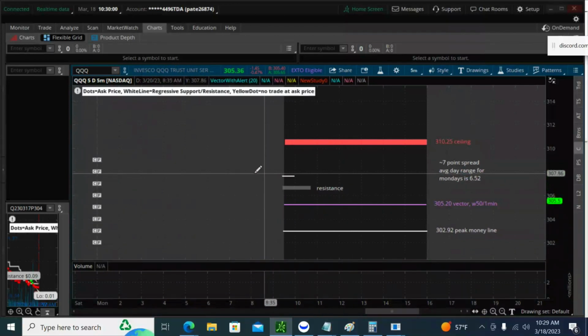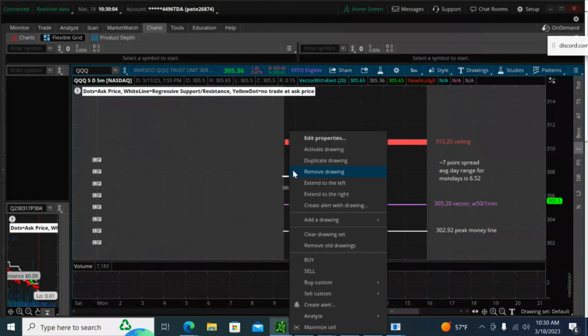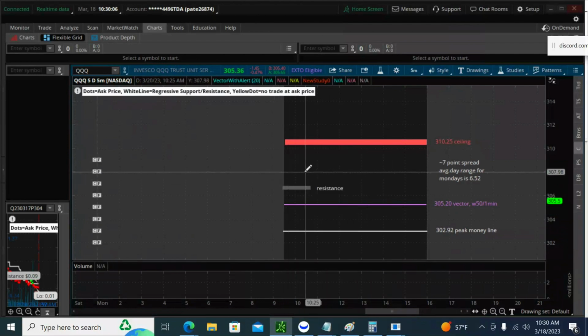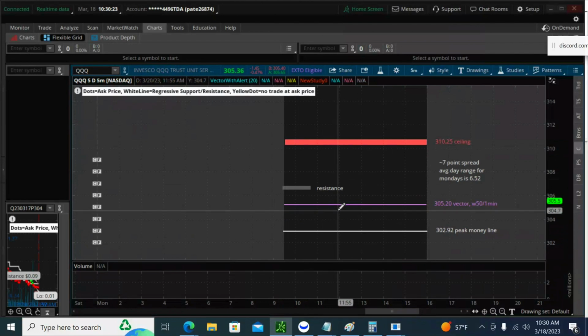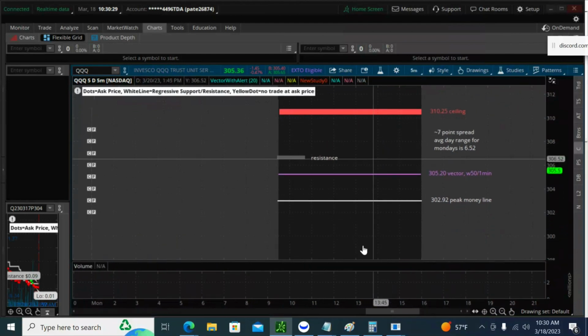All right, so the key is, where are we coming in at in the session? Are we going to come in here, test, pull back, come down here? So our vector is our line in the sand. When we start to get underneath, then we're going short.